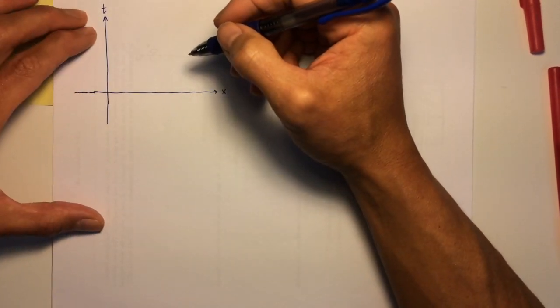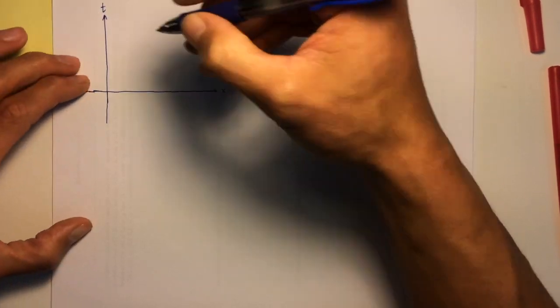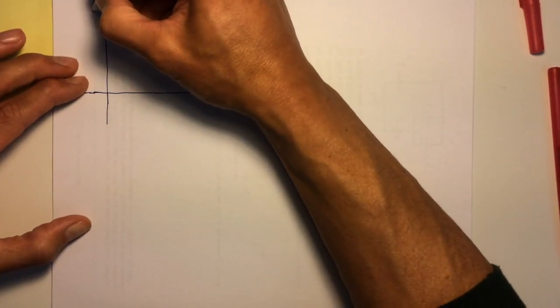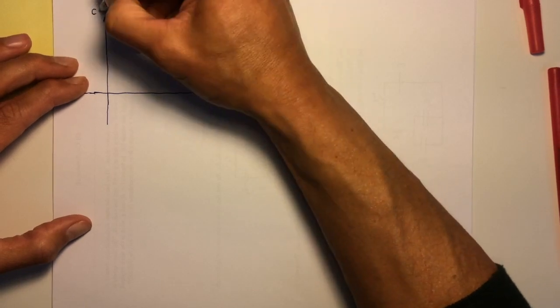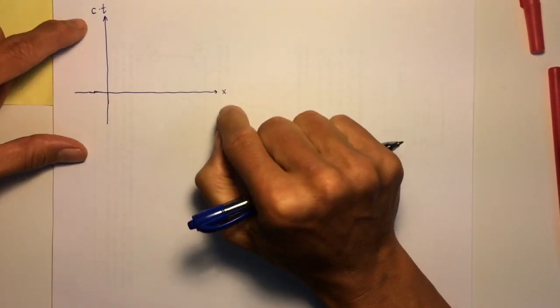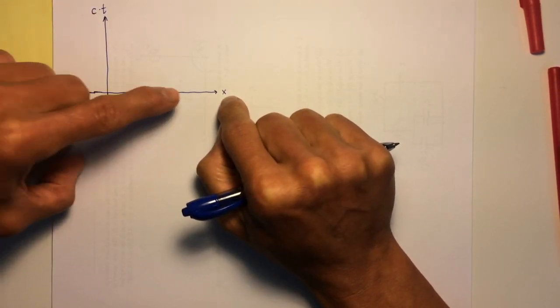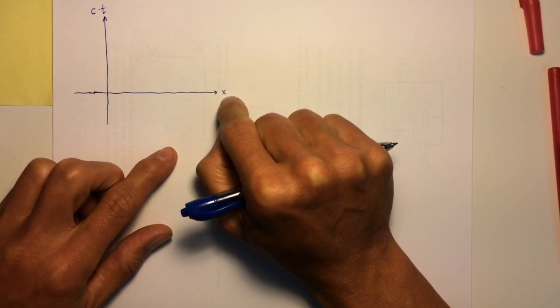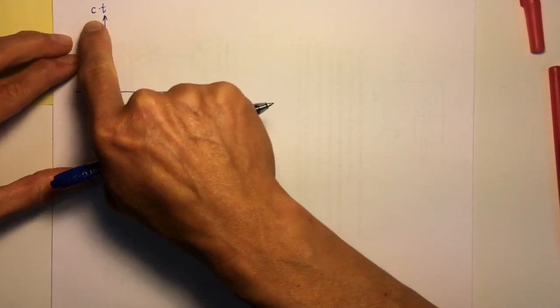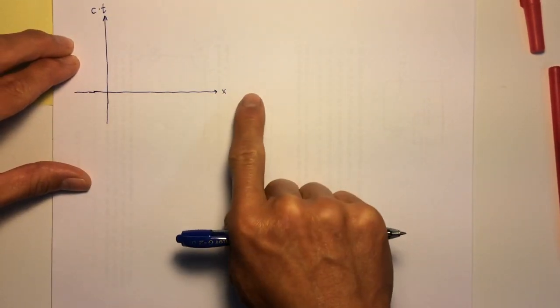What I'm going to do is, instead of t and x, I'm going to study c times t and x. And the reason that I want to do that is it makes the axes have common units. They're at least common dimensions, because speed times time is a distance, so these are distances now, and these are distances as well.